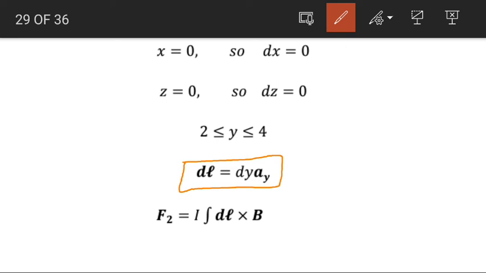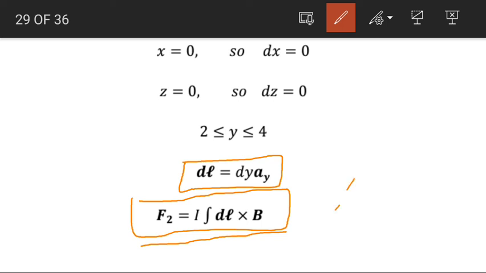And we calculate the force on this side with the help of this integration. We have I, then the integration of dl cross B. So let us put the values in this equation.